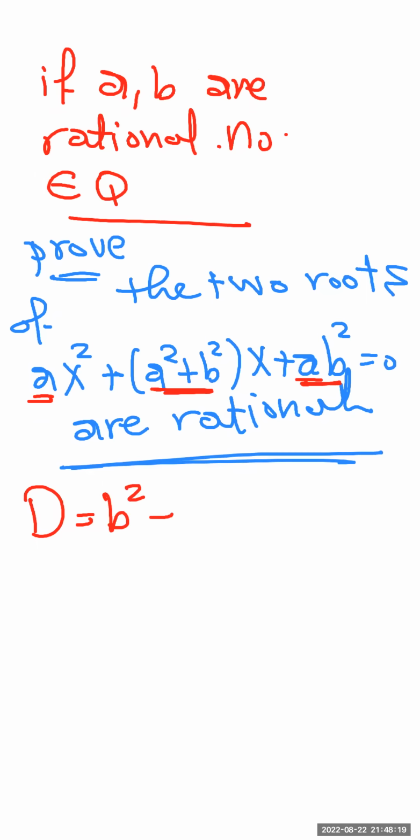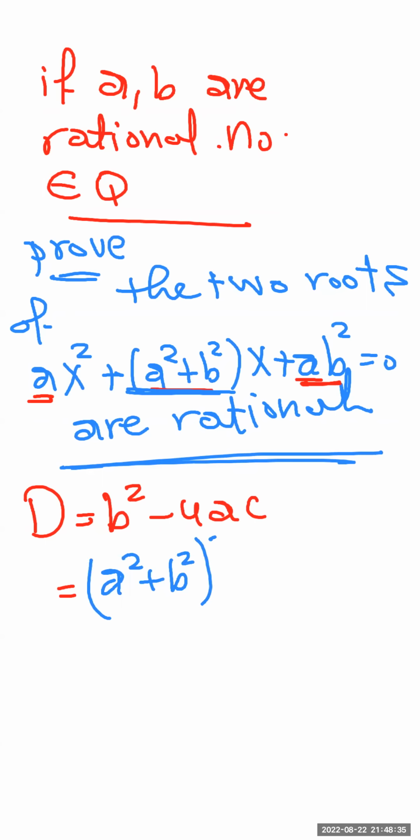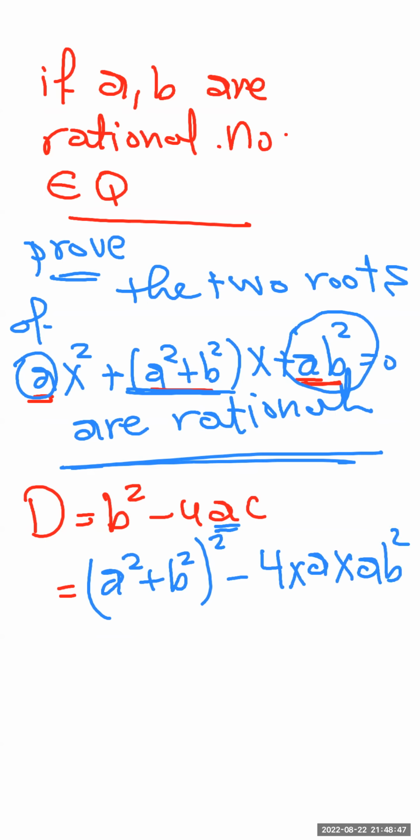So the discriminant equals b squared minus 4ac, which is (a squared plus b squared) all to the power 2 minus 4 times a times c, ab squared.